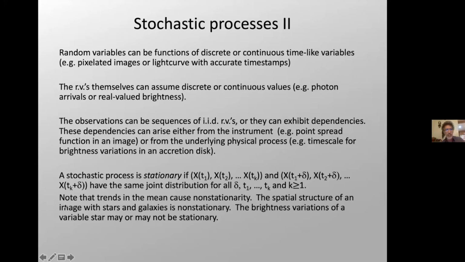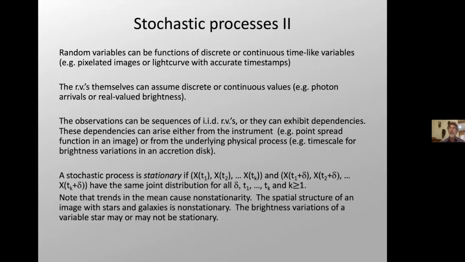The brightness variation of a variable star. Well, that's more complicated. If it's stochastically variable in a constant, let's say periodic way, so it's always the same period, here, here, and here, then it's actually stationary. It's a stationary periodic phenomenon, or even stationary, sort of like an accretion phenomenon, might be stochastic.